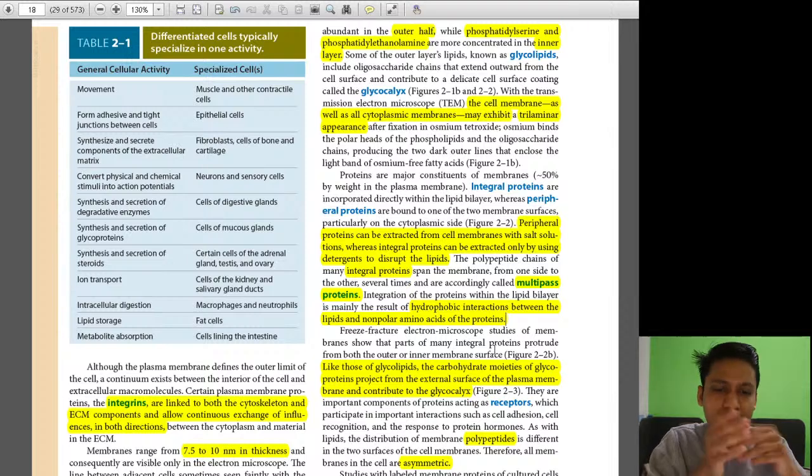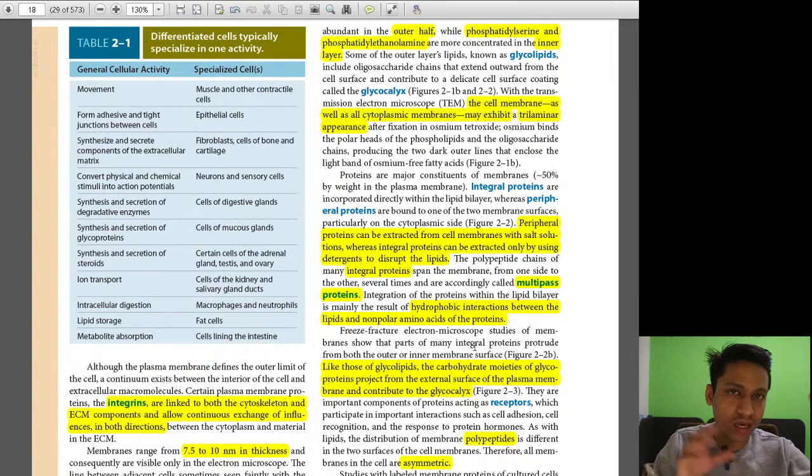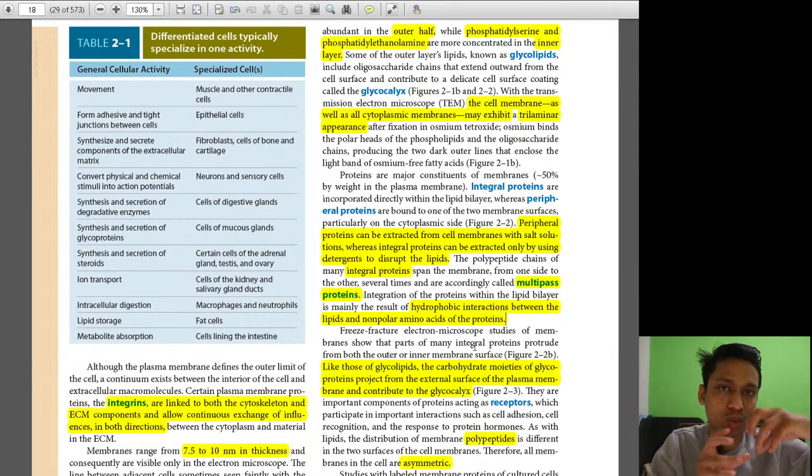That's why it's called freeze fracture electron microscopy. What's important here is that this type of study shows that parts of many integral proteins protrude from both inner and outer surfaces, and that's why they are called integral proteins, because they are present throughout the plasma membrane.